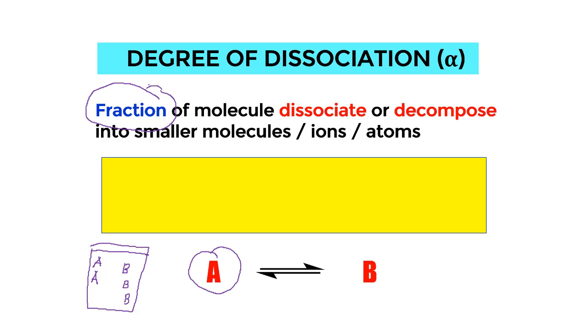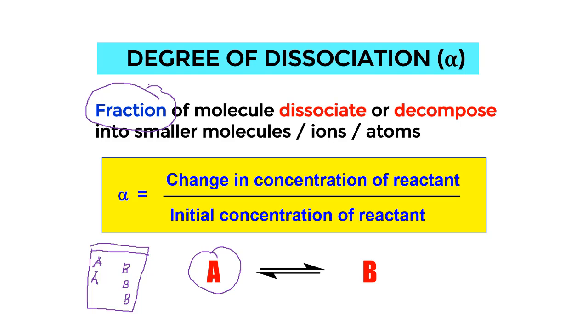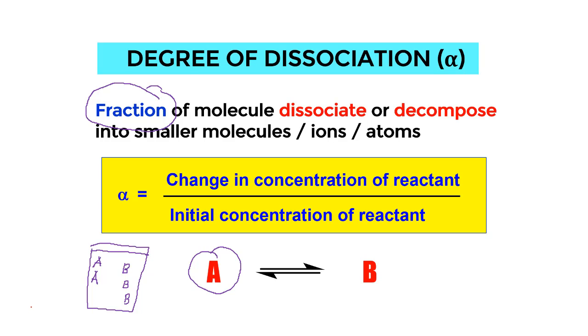The formula of degree of dissociation is alpha, where degree of dissociation is the change in concentration of reactant divided by the initial concentration of reactant. So you can see from the formula, apa yang kita nak masukkan dalam formula masa kita nak kira degree of dissociation, kita akan kira based on change, perubahan.